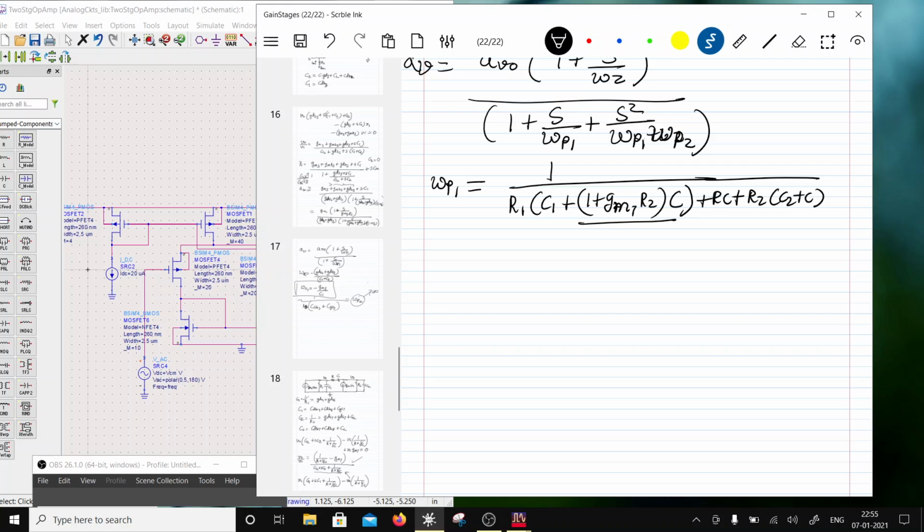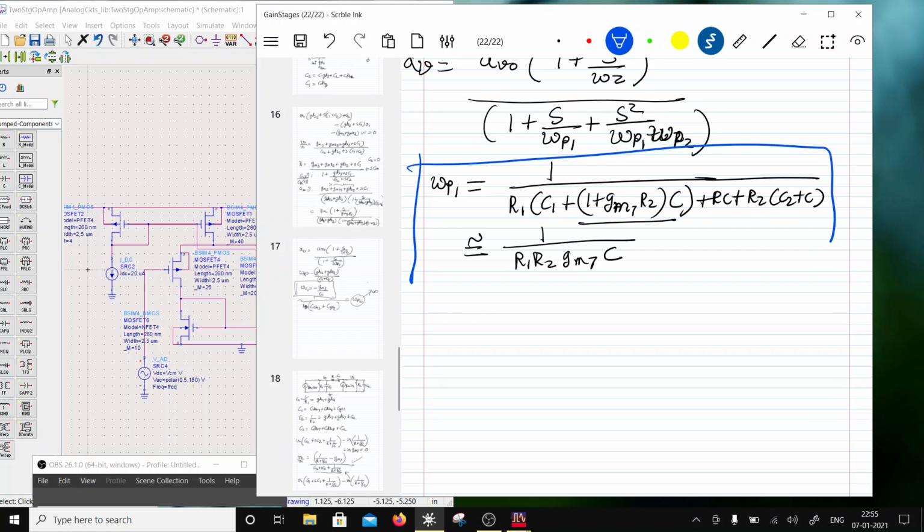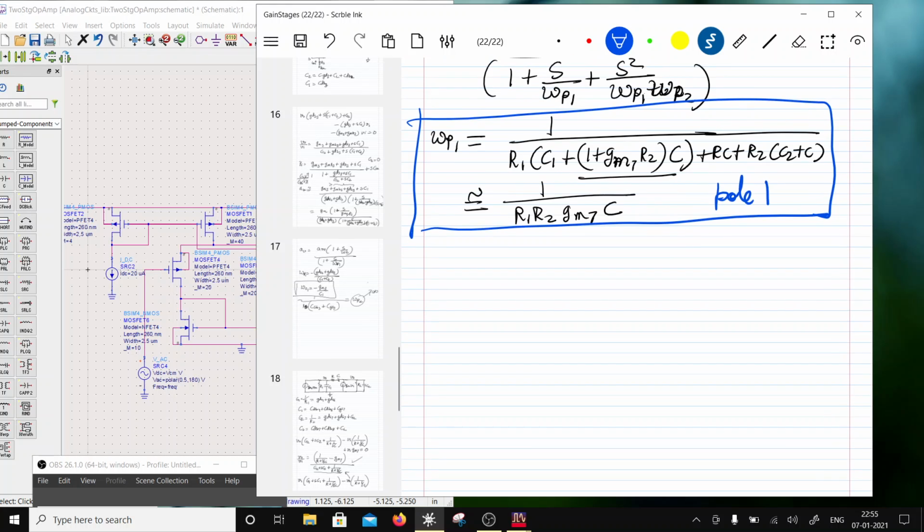So I will just replace this with approximately 1 over R1 R2 GM7 C. Okay, so this is going to be my first pole. So this is pole 1, the dominant pole, and that is because of the Miller capacitance C.